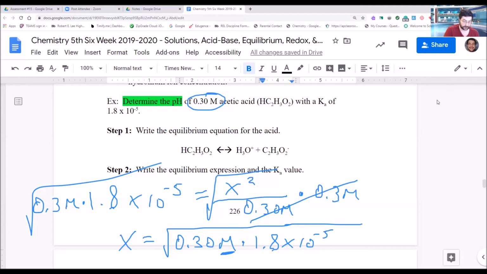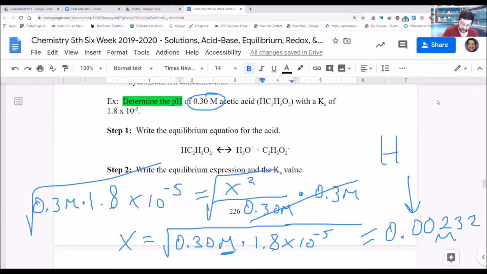So I've got 1.8 times 10 to the negative fifth in parentheses, and I'm going to multiply that by 0.3, and then take the square root of that answer. And when I do that, I am getting 0.00232, and I'm going to put a capital M for molar there. So that is the concentration of the hydronium ion.